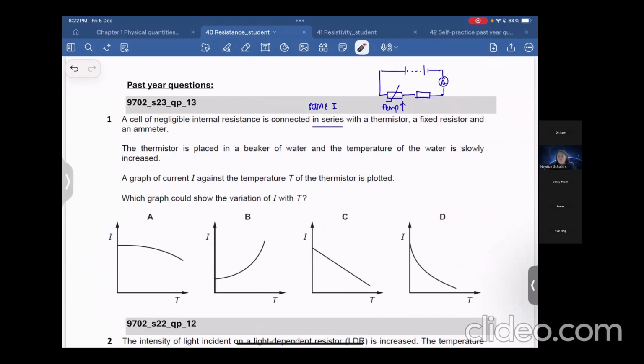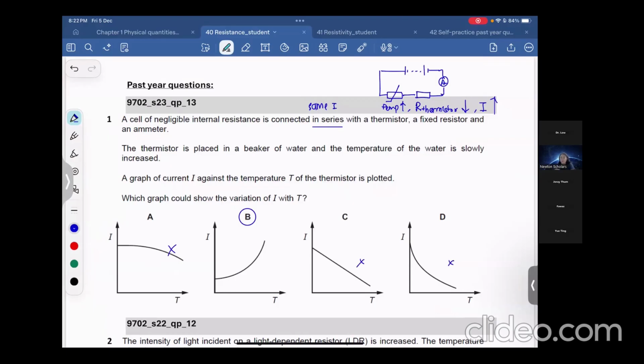Pawa, correct. Yeah, correct, Wesley. Vashini, correct. Okay, so our answer should be B. Here the temperature increases, the resistance of the thermistor will decrease, so your current will increase. In A, C, and D, the current decreases, so they are all wrong.